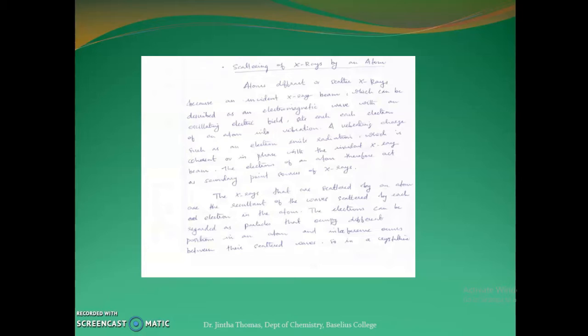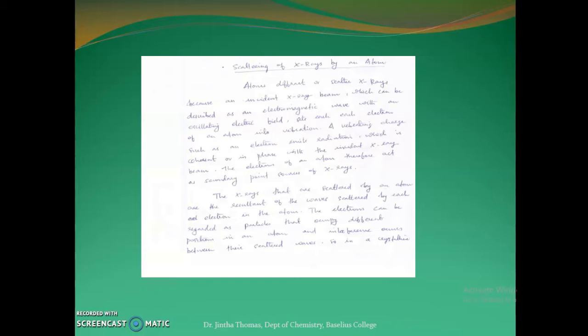It vibrates the electrons in an atom. A vibrating charge such as an electron emits radiation, which is coherent or in phase with the incident X-ray beam. The electrons of an atom therefore act as secondary point sources of X-rays.